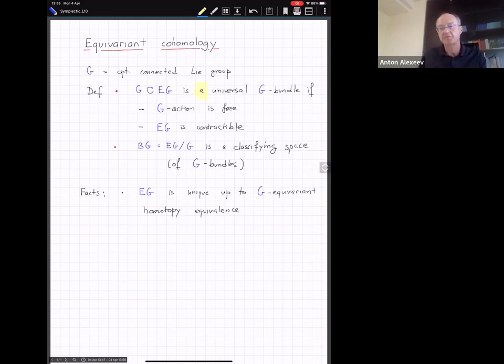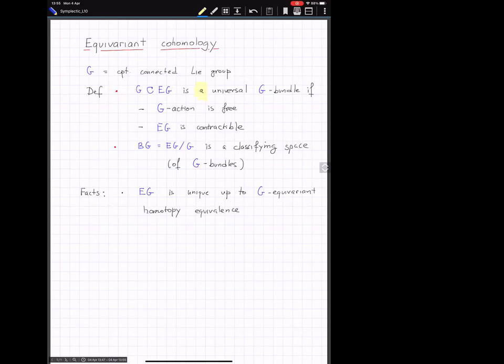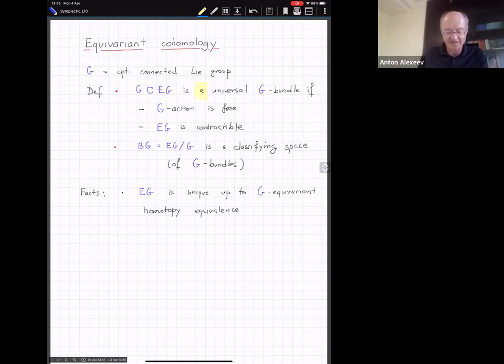But saying the universal G bundle, I think it depends on which category your objects are in. Fine, there might be spaces which look very different, those EGs.